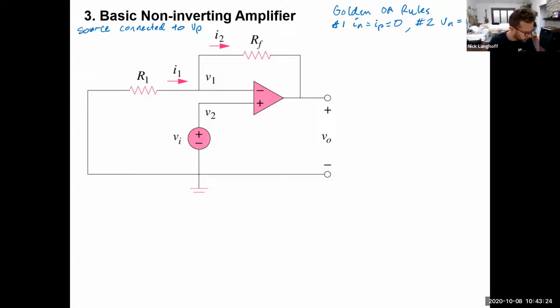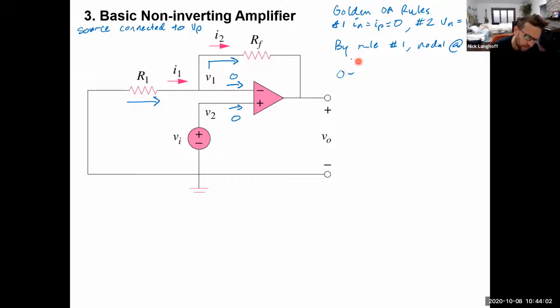All right, so then by rule number one, we can do a nodal analysis at Vn. By rule one, there's 0 current going into either of these inputs. And so if we do nodal analysis at Vn, we just have the current going through R1 and the current going through RF. So we'll do far minus near and set it up.